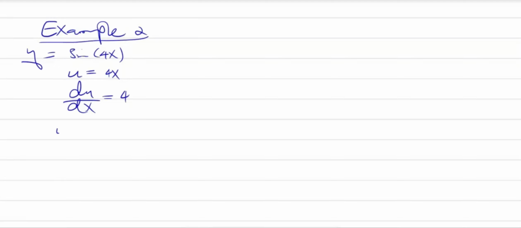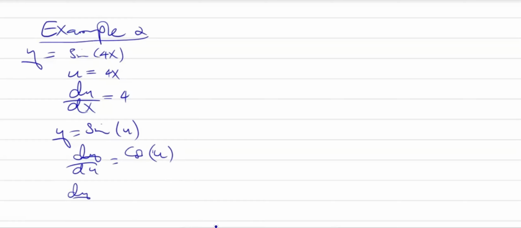We also do the same for y: the derivative dy over du is cos u. For dy over dx, I just substitute, and that's going to be 4 cos 4x, and that's it.